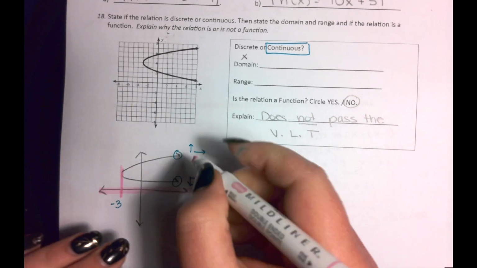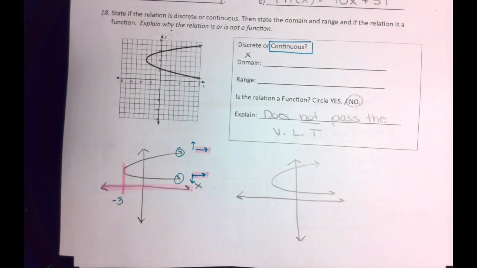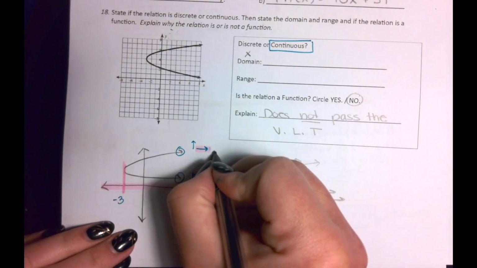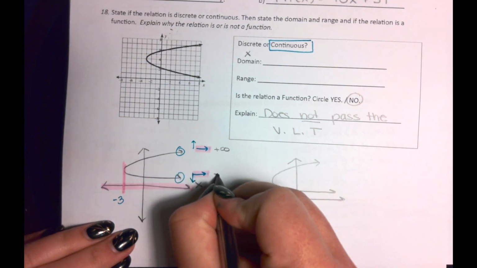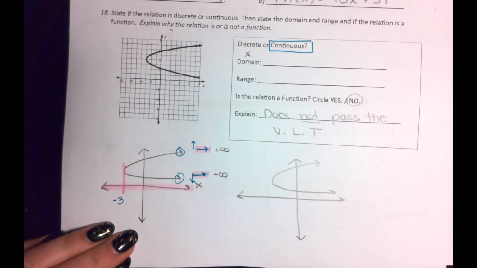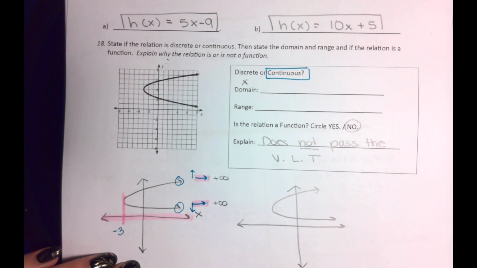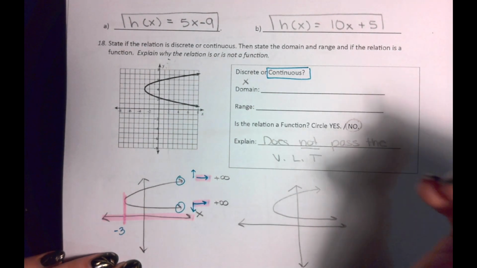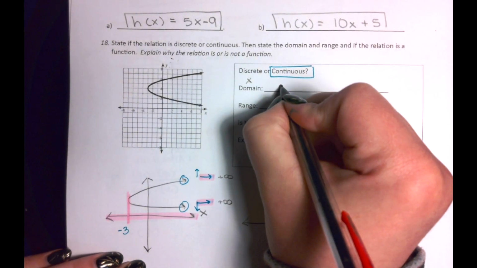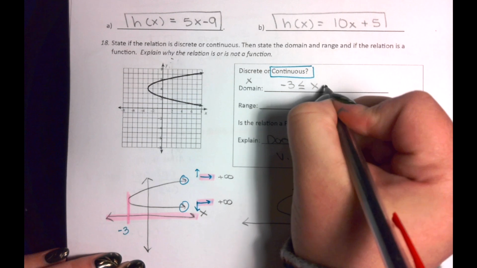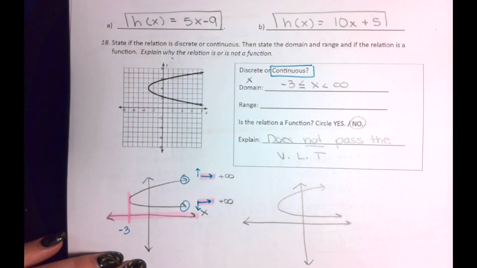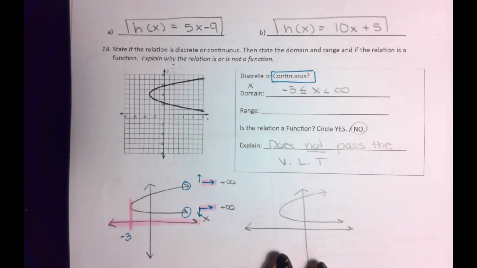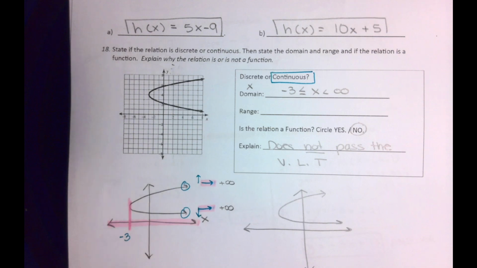Because we are going over on the x, that means we're going over to a positive infinity. This is continuous, so we are not listing out our x values. Instead, we're using inequality notation to represent from -3 all the way to positive infinity. Positive infinity does not have the or equal sign.